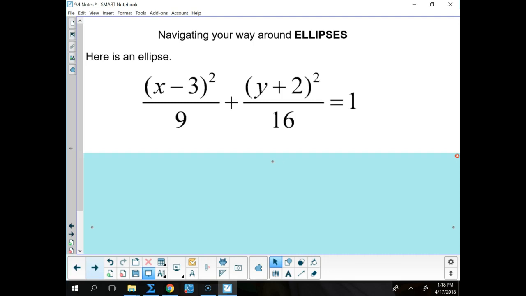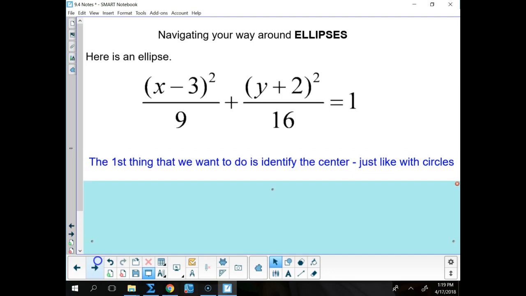Okay? So, what do you think the first thing that we need to find is? That center point, the middle of our ellipse, right? Where do you think the center of this ellipse is? H comma K, right?